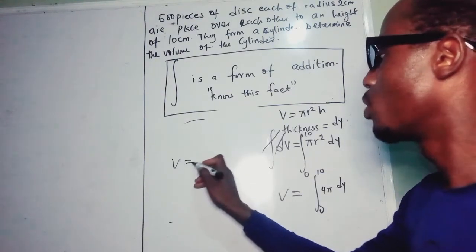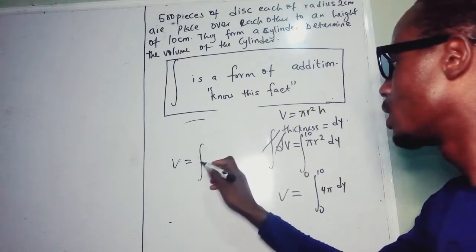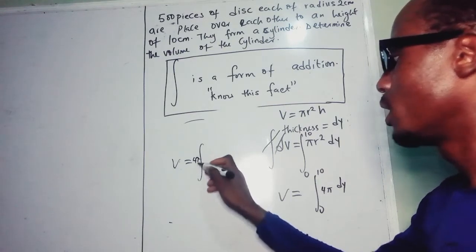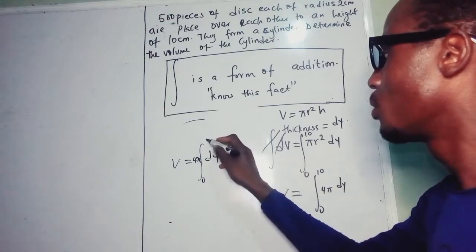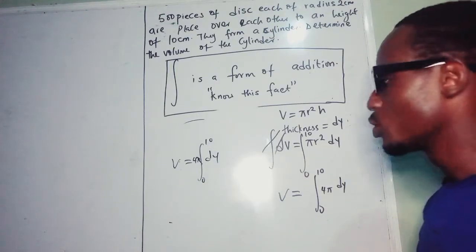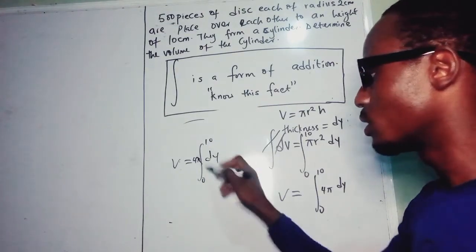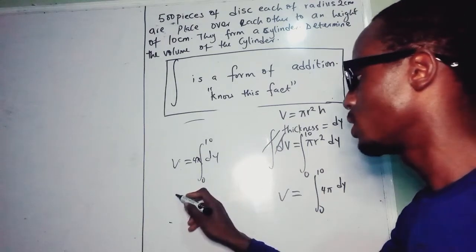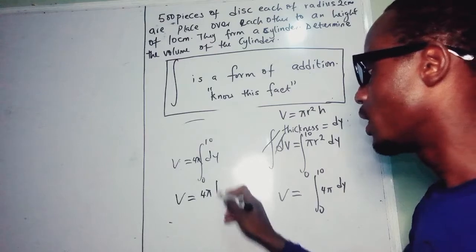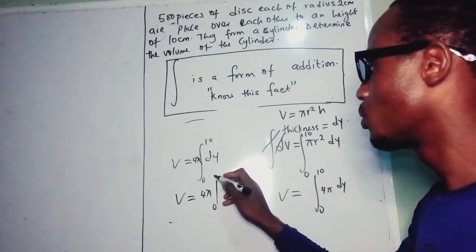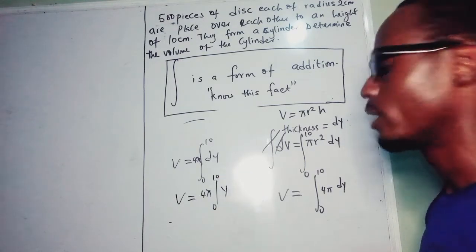So v becomes 4 pi times the integral of dy from 0 to 10. Let us evaluate it: v equals 4 pi times y, with limits 0 to 10.